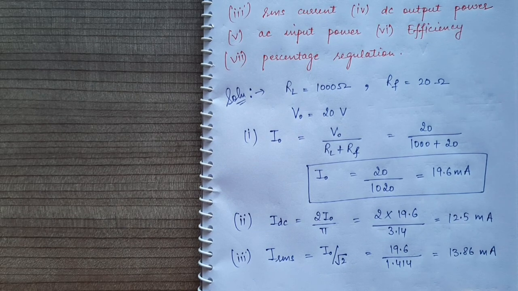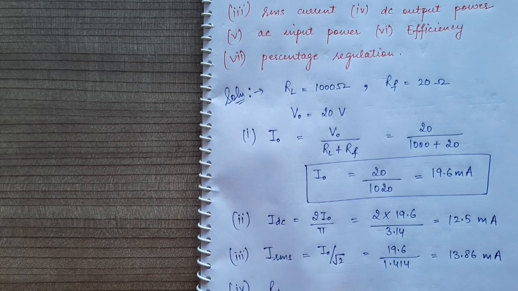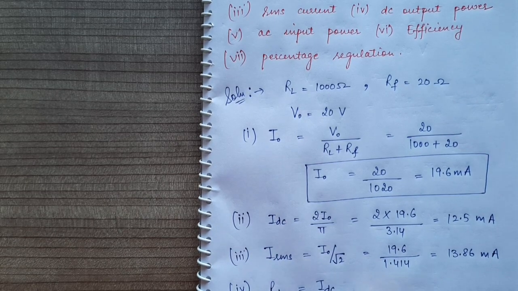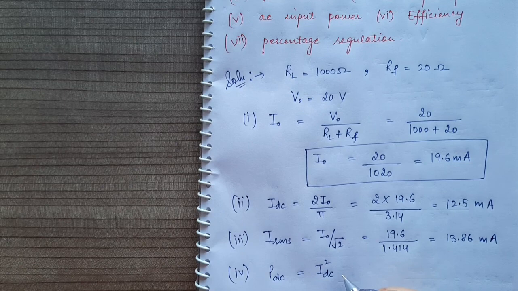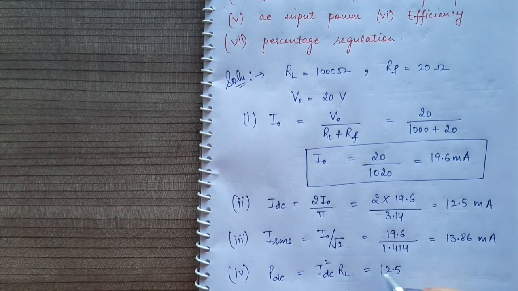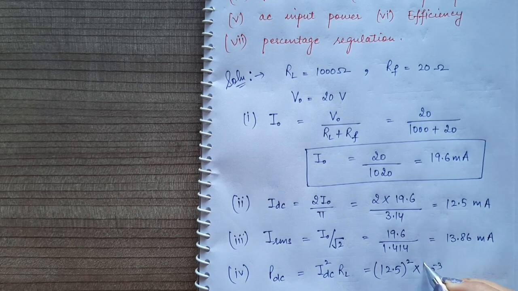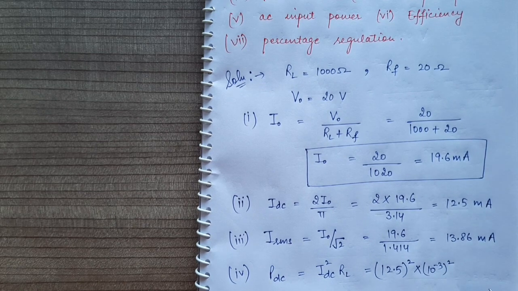Next we have to calculate DC output power. What will be the DC power? It will be IDC square RL. IDC is 12.5 milliampere, so 12.5 into 10 raised to power minus 3, whole square, into RL is 1000.